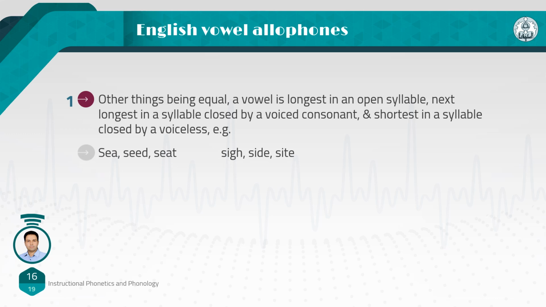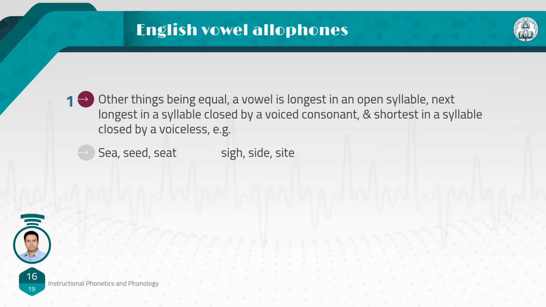See, seed, seat, sigh, side, sight. So when a vowel is located in an open syllable like see or sigh, it is the longest. When a vowel is located in a syllable which is closed by a voiced consonant, like the d in seed or side, it is next longest.